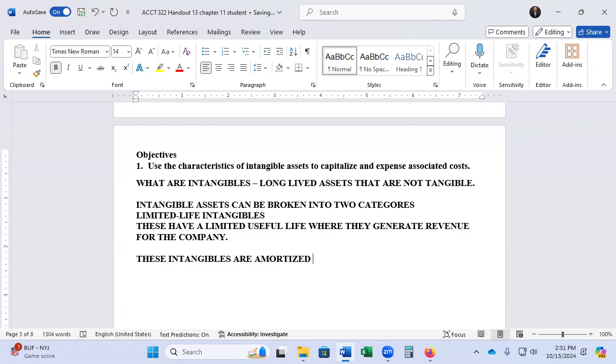These intangibles are amortized over the useful life. And we'll use the straight line method for our text and for our work.